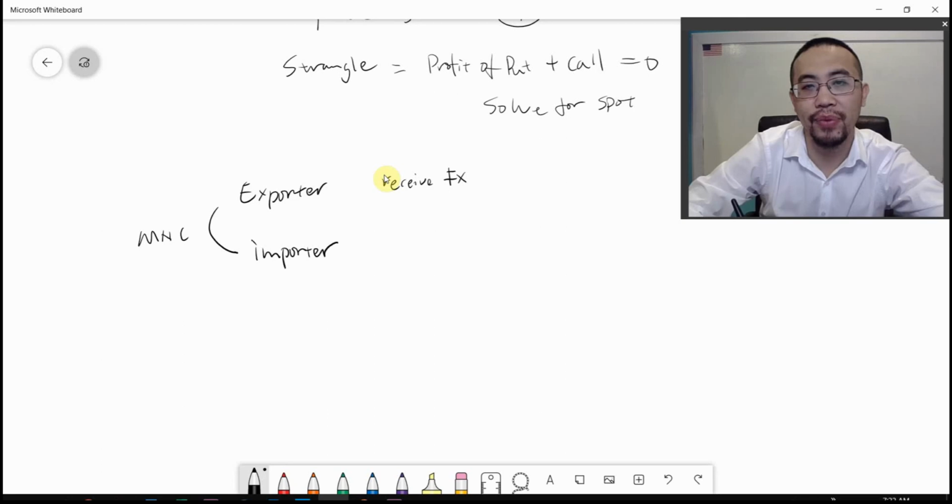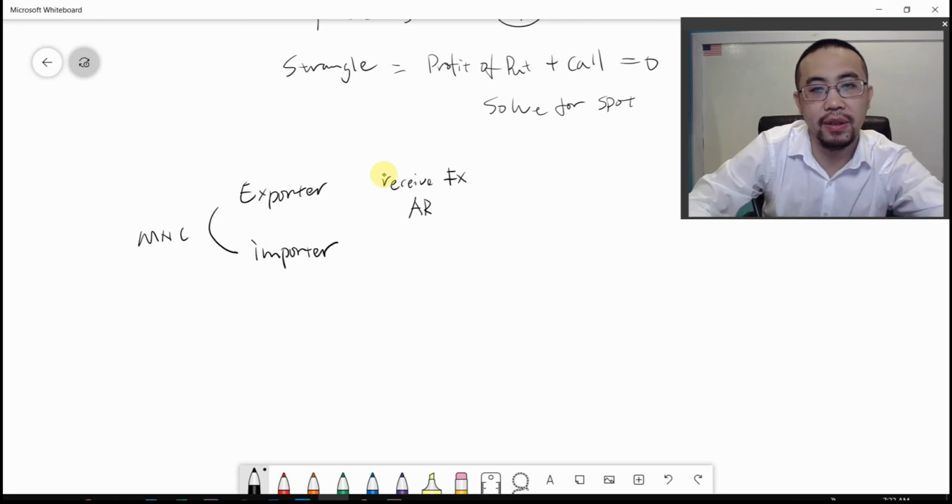But if you receive foreign currency, then you will have to worry about the exchange rate, and you will find a way to get it fixed. That's going to be account receivable in foreign currency. If you're an importer, then you will need to pay in the foreign currency. So that's account payable in foreign currency.